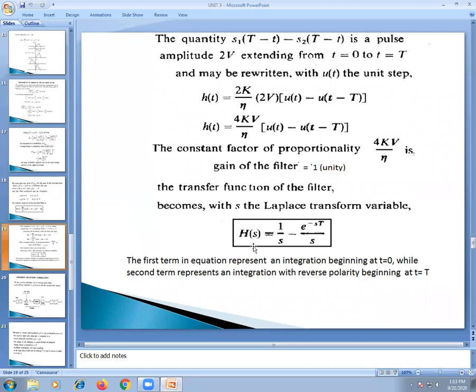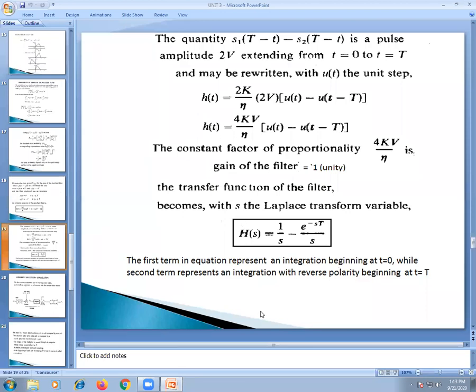The second term represents an integration with reverse polarity beginning at t equal to capital T. So the first term, 1 by s, is integration beginning at t equal to 0, and the second term starts at negative polarity at t equal to capital T. So that is h(s) from h(t).